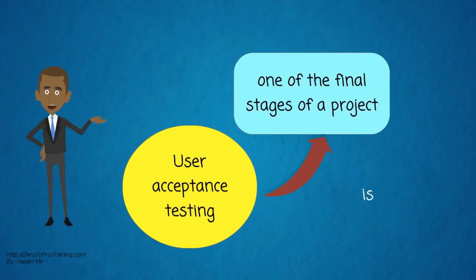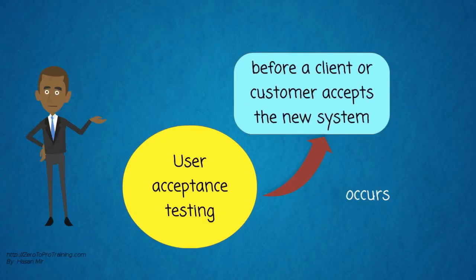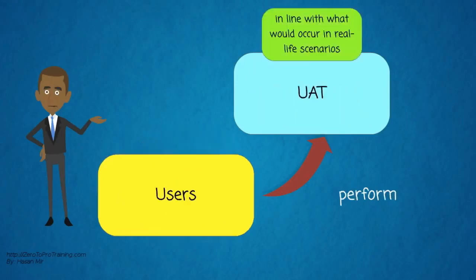UAT is one of the final stages of a project. In software development, UAT often occurs before a client or customer accepts the new system. Users of the system perform tests in line with what would occur in real-life scenarios.